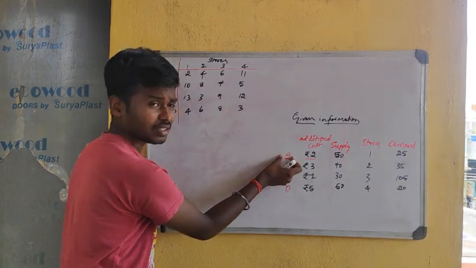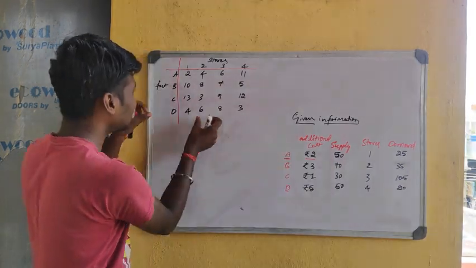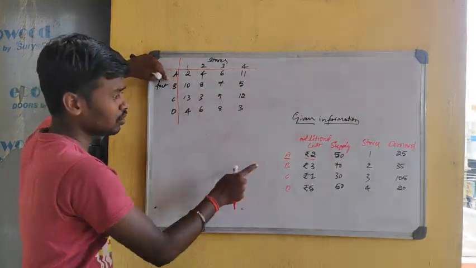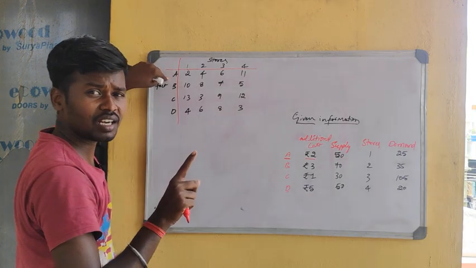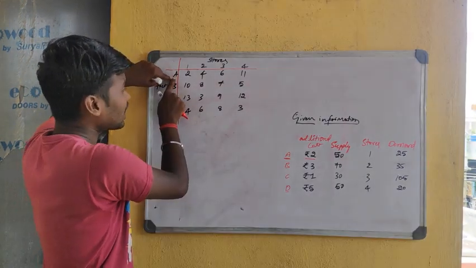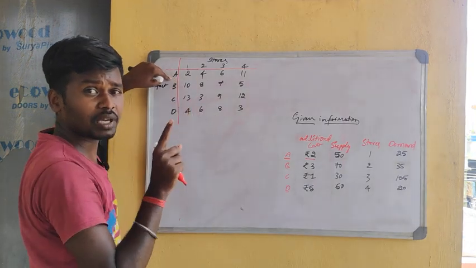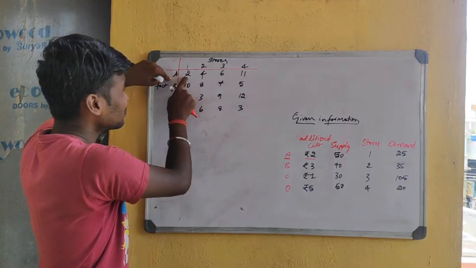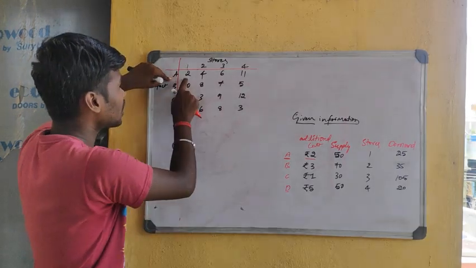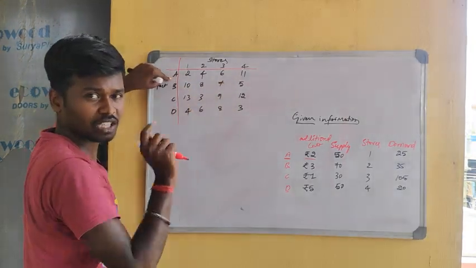So see, it is factory A. In the table, where is factory A? So here is factory A. So these 2 rupees are incurred for how many units? Only single units, right? So this cost relates to only single units, right? There are 4 unit costs given.